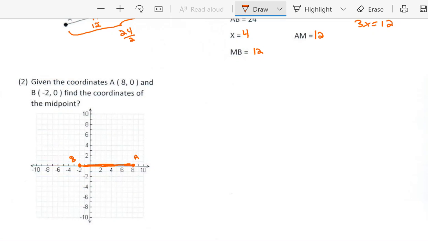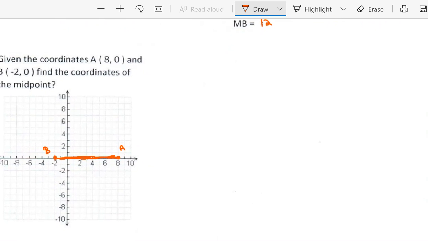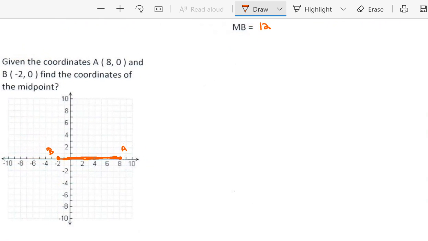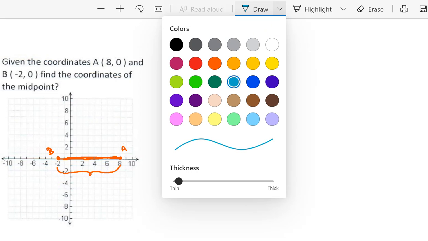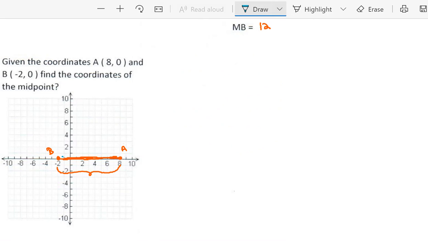If you think about what a midpoint is, again, it's in the middle, it splits it into 2 congruent parts. So if you know that, and you're trying to find the midpoint of this, you would basically look for the thing that split it so it was equal on both sides. So you would say, all right, that's 1, 2, 3, 4, 5, 6, 7, 8, 9, 10.